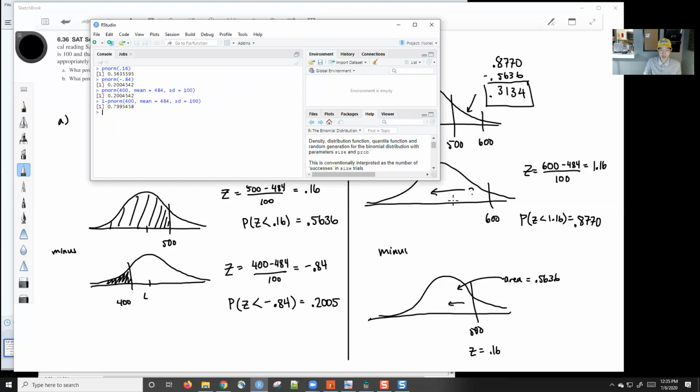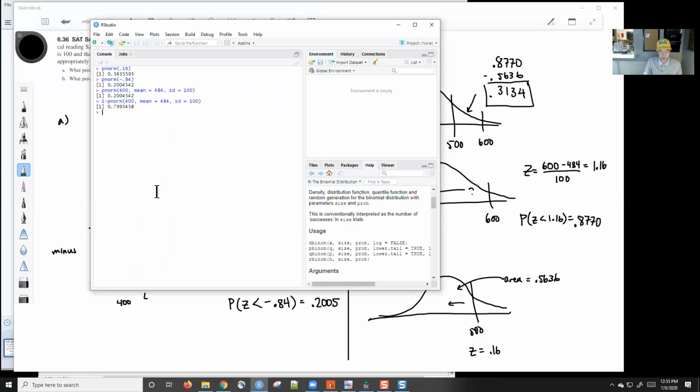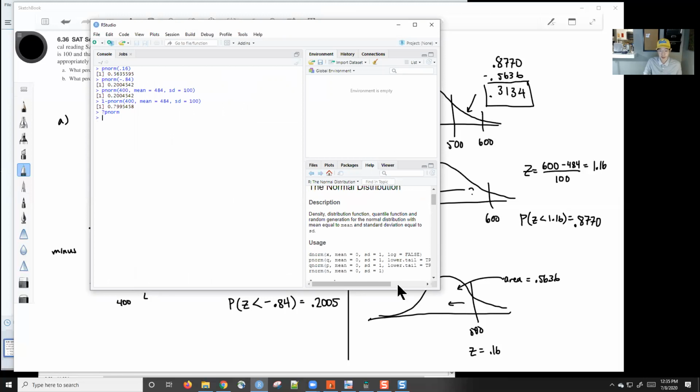There is also an option, I believe, when you do p-norm, where you can change lower tail from true to false, and it will give you 1 minus that.